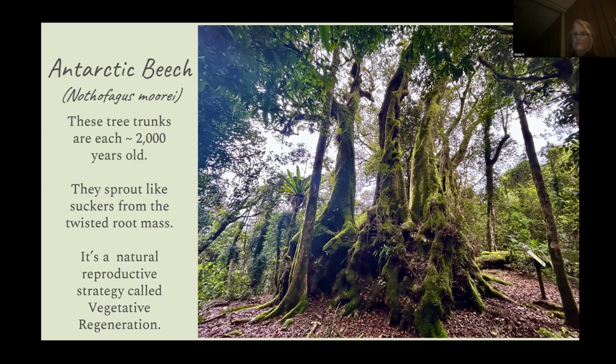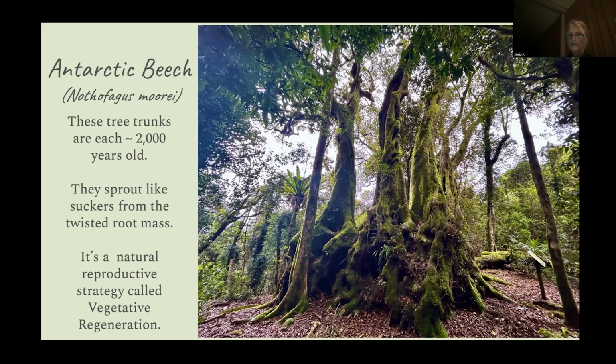So this is amazing. It's an example of what's called vegetative regeneration. It's a natural reproductive strategy used by the Nothofagus, in addition to sexual reproduction, the use of the flower, the seed, germination. It's used when the conditions for sexual reproduction are not favorable.